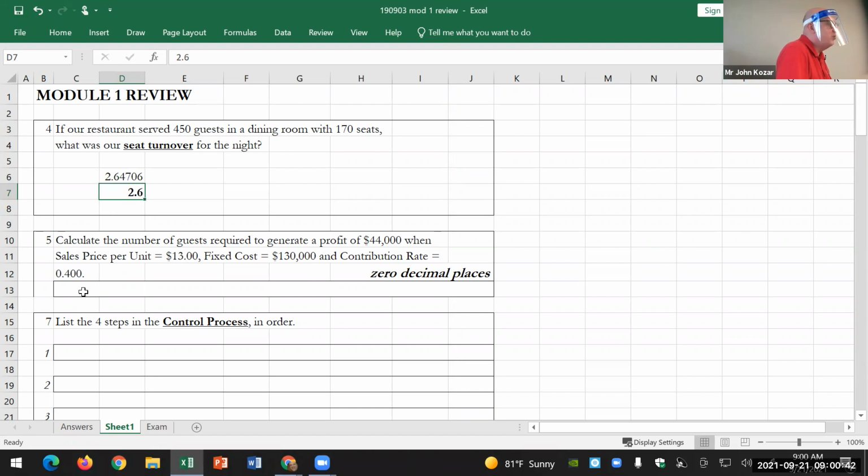Okay, this next one is going to be a little bit more complicated. I'll work over here, I guess. Okay, so we want to calculate the number of guests required to generate a profit of $44,000 when we know our sales price per unit is $13, our fixed cost is $130,000, and we have a contribution rate of 0.400.